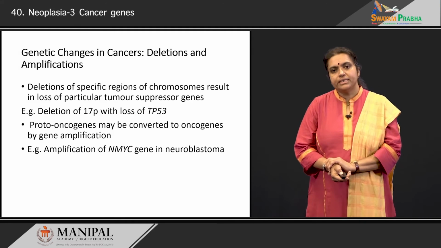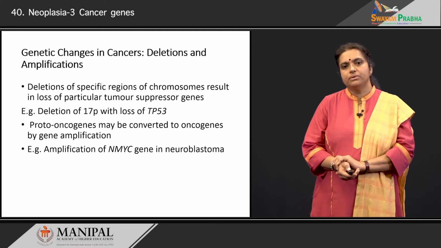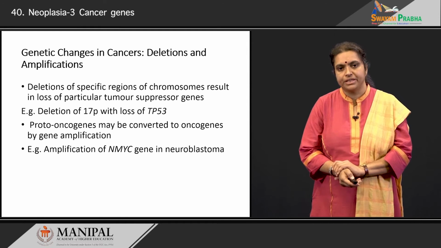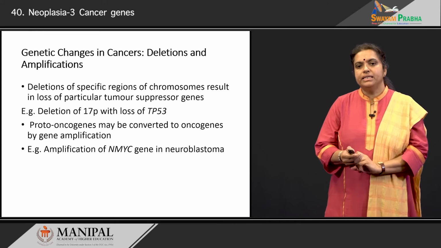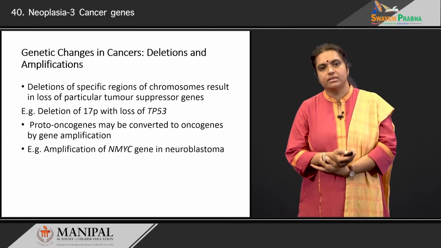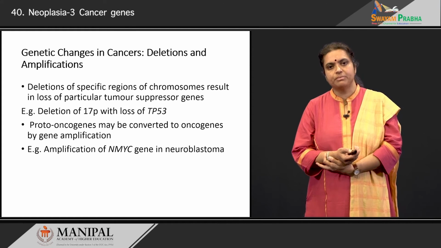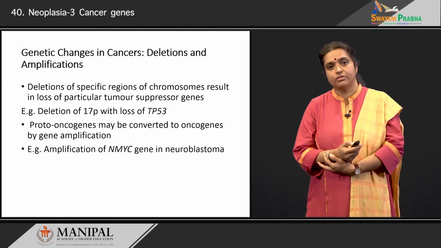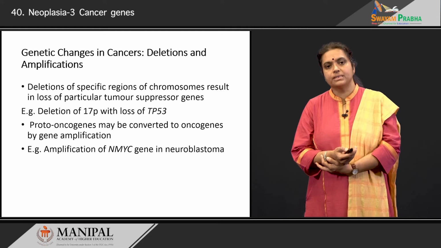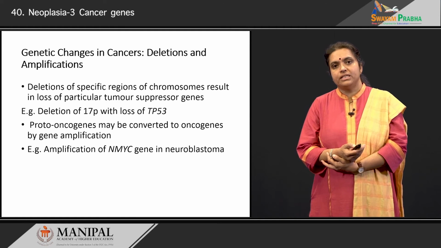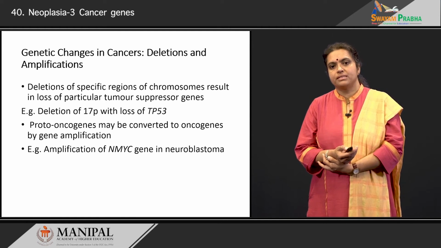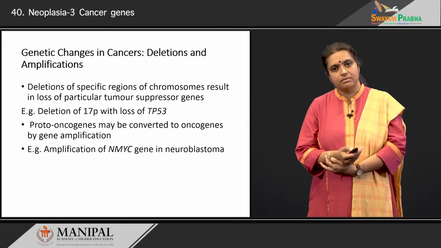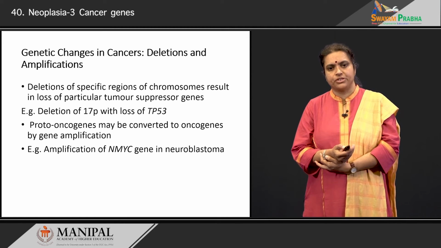Now, the other genetic changes in cancers include deletions and amplifications. Deletions usually occur in the context of tumor suppressor genes, because we now know that tumor suppressor genes have a whole lot of normal cellular functions, and deletions of these specific regions of chromosomes result in loss of particular TSGs, or tumor suppressor genes.